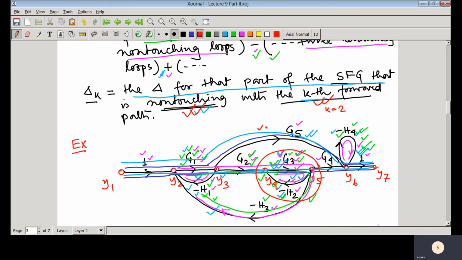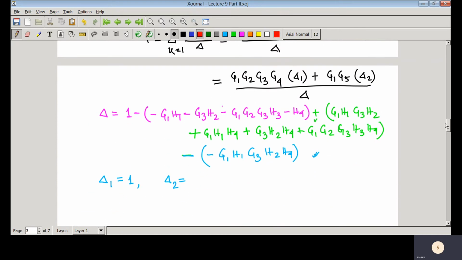Only this part of the signal flow graph is non-touching with this forward path, so there is only one loop. This is that loop, and its gain is G3 into minus H2. So delta 2 would be equal to 1 minus G3 into minus H2, that is 1 plus G3 H2. So this is delta 2.